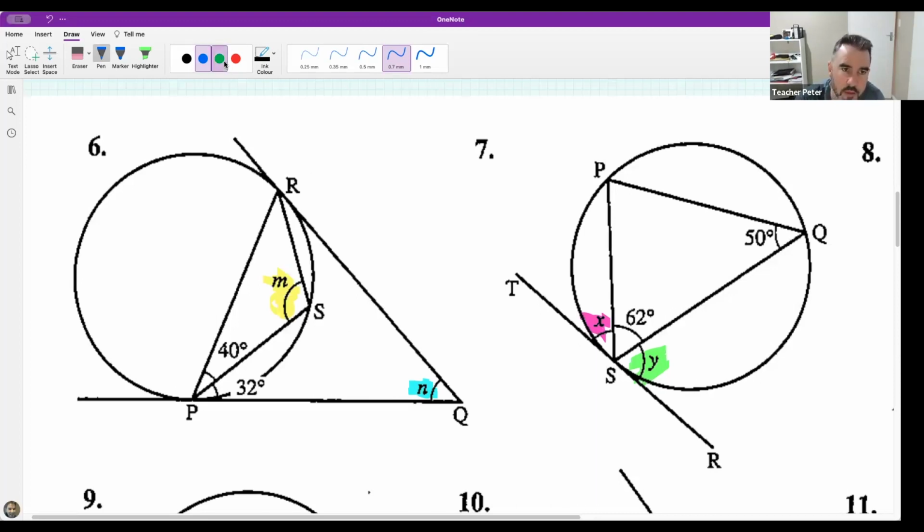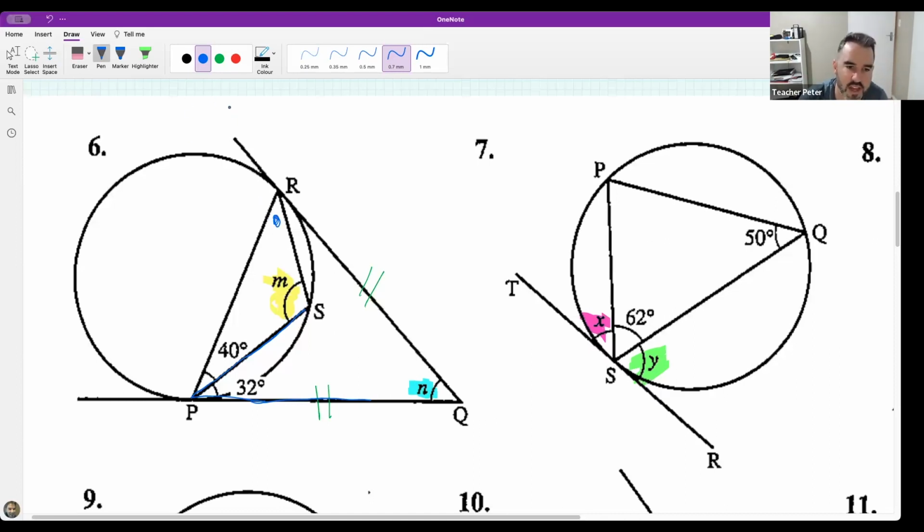I spotted, maybe you did too, that those must be equal. What else is involved? I see a tangent and a chord. So maybe this angle over here is equal to the angle up here.